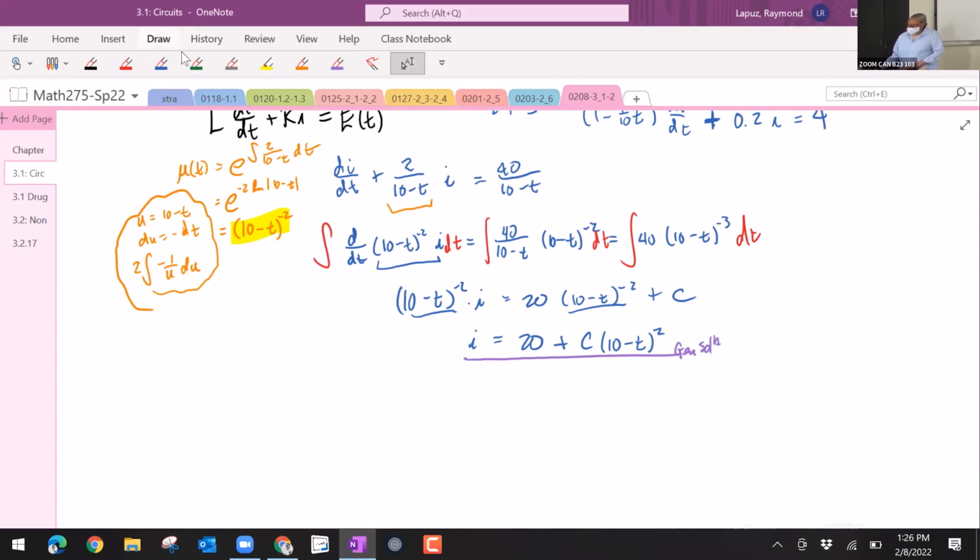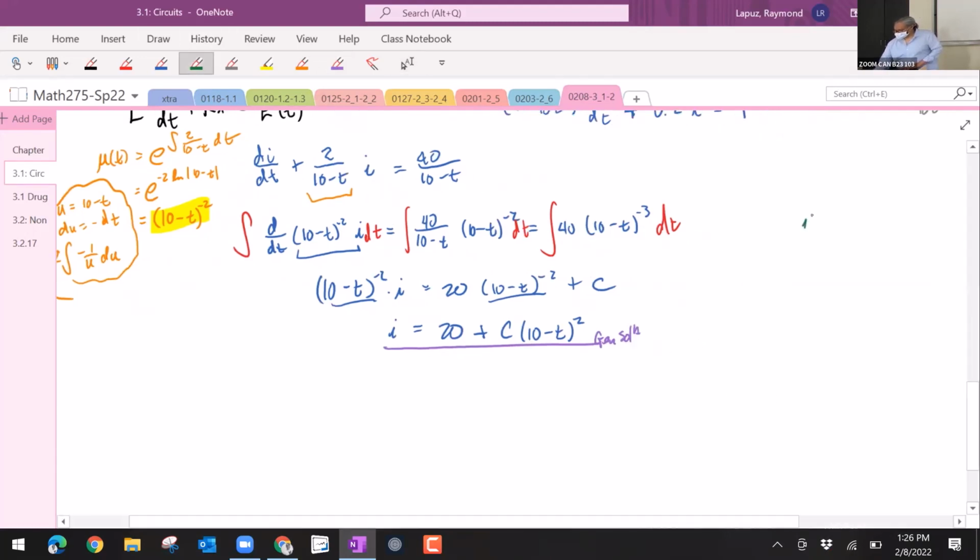Now let's put in our initial condition, which is I of 0 is equal to 0, I think. So in here, we're going to get 0 is equal to 20 plus c times 10 minus 0 squared. That's 100. Subtract 20. 20 divided by 100 is 0.2.